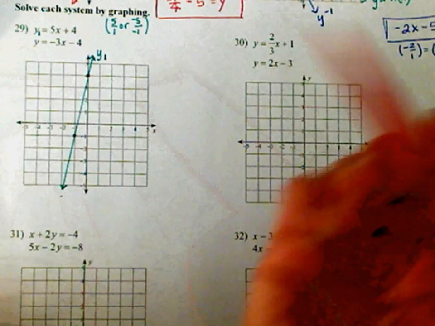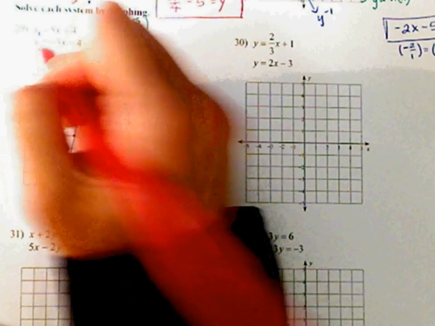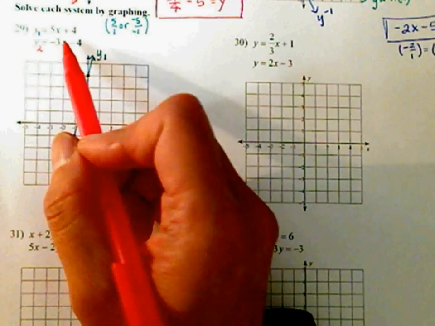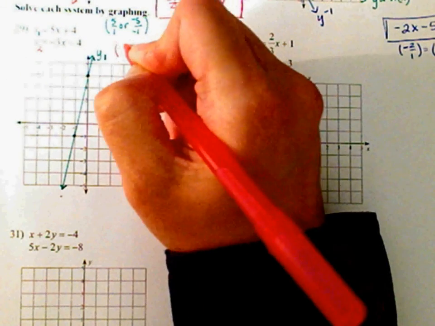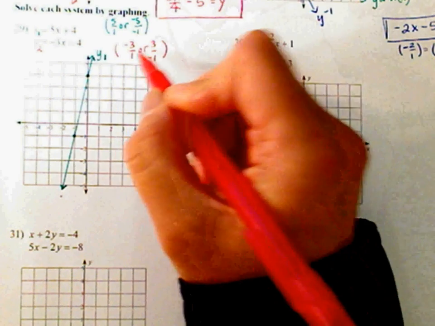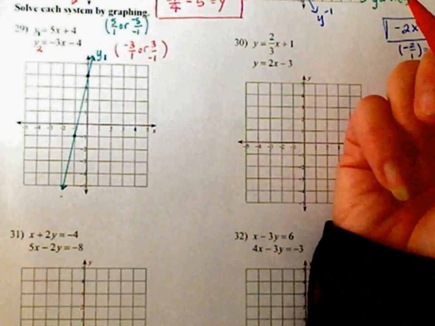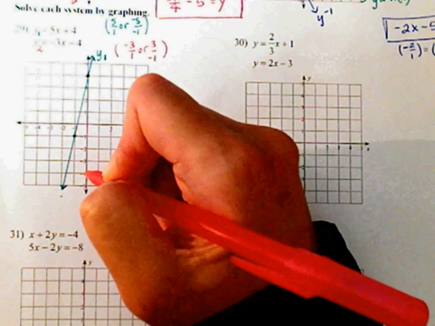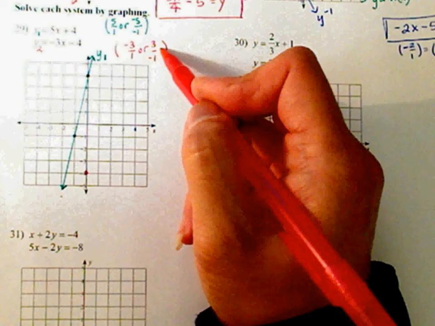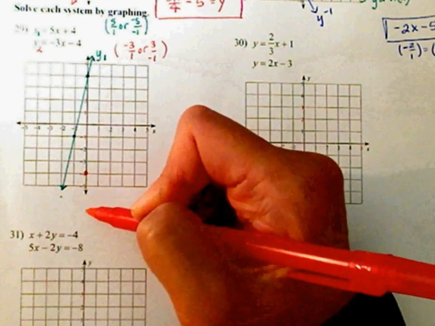The second equation I'm going to call y2, just so you can denote the difference. Now your slope for the second one is negative 3 over 1, or 3 over negative 1. These are equivalent to each other. The y-intercept is at negative 4 here. I'm going to use this one because I want to go up. Going down, I'm going to be off the graph, so I'd rather use this one.